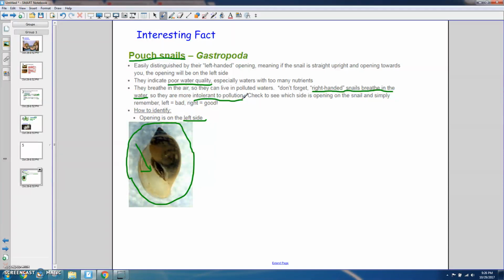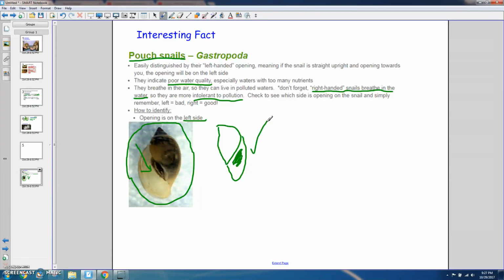So if you find a right-handed snail, which would be one that's actually more like this, where it opens to the right, and this is the opening here on the right side, that would indicate better water quality.